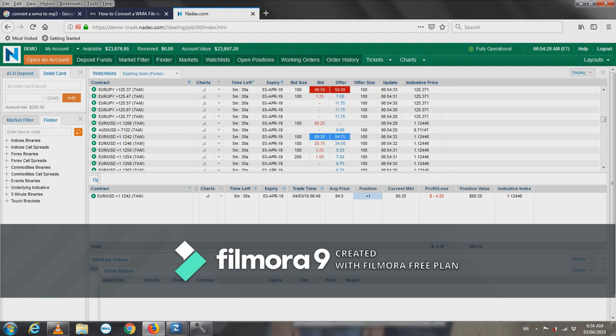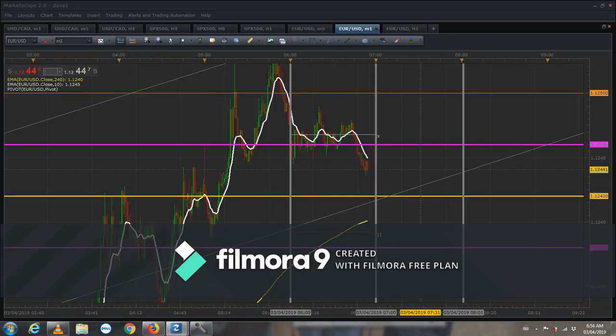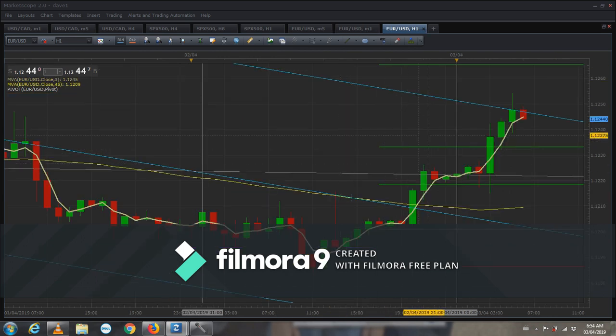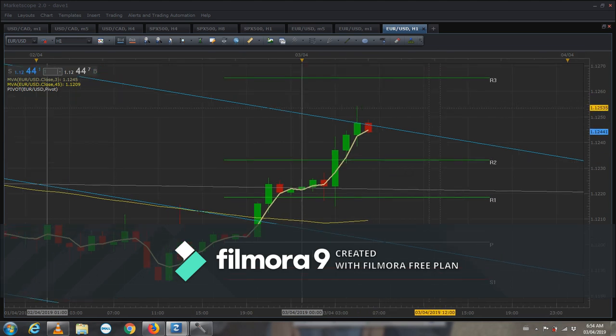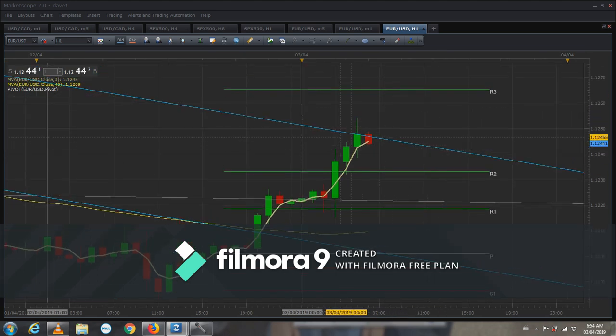Five minutes left. And we'll just let it ride out. That's the trade. The hourly looks like it'll bounce off and it wants to come back down anyways to support or resistance 2. Will it run to R3?